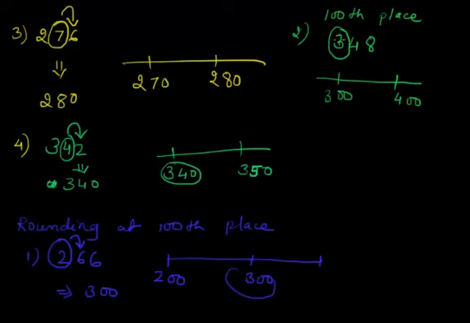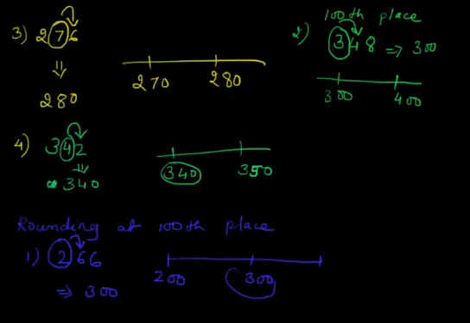This is the place which has to be rounded off. The 100th place is this. Next to 3 is 4. 4 is less than 5, so we round down and let the 3 be as it is.